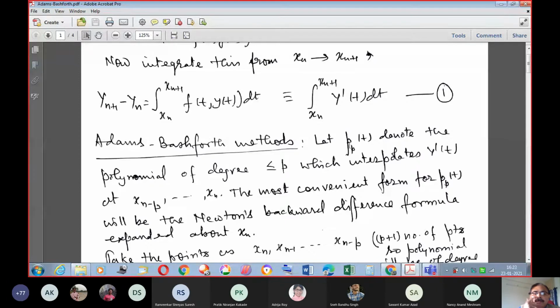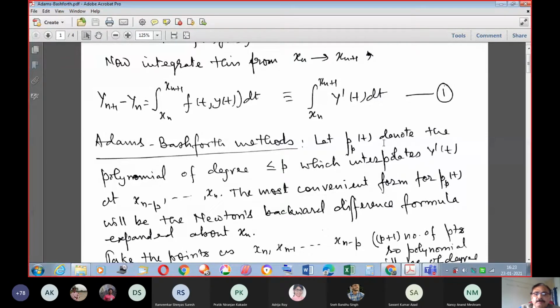So certain coefficients will come and so on. Depending on how many points we take, and in what order we take the points, the polynomials will change, and then the integration will change, and the whole thing will change, and accordingly we'll see that different names of the methods are coming.